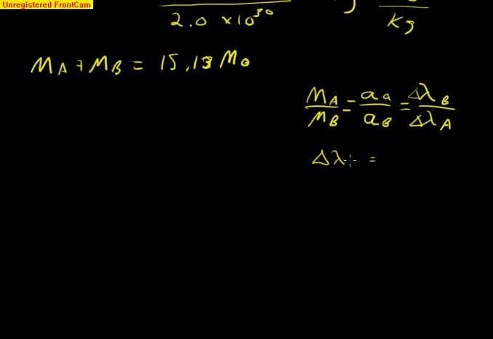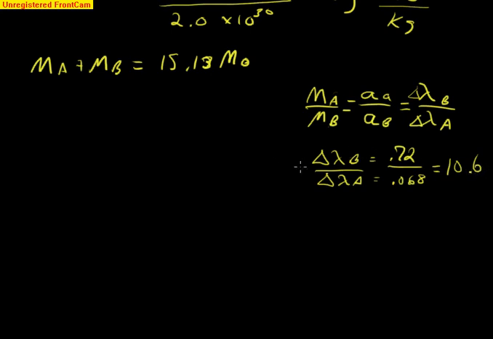So change in lambda of B was 0.72, and that's angstroms, but since it's a ratio, it's going to cancel out. The change in wavelength for star A was 0.068, and that equals a nice little number, 10.6. That's why I wanted the larger one on top, so we could get a bigger number, not some fraction.